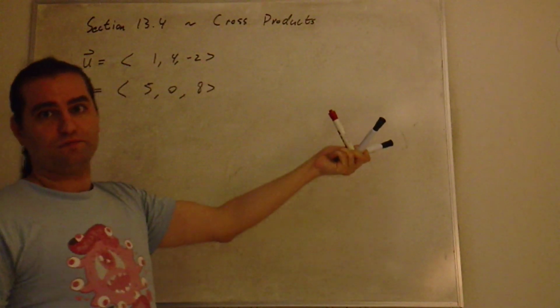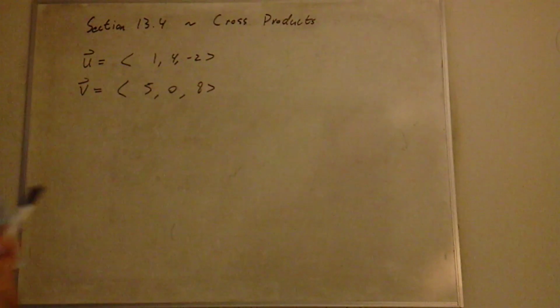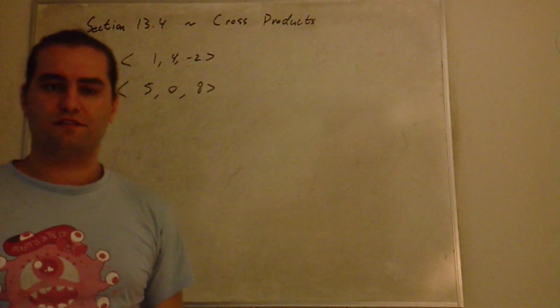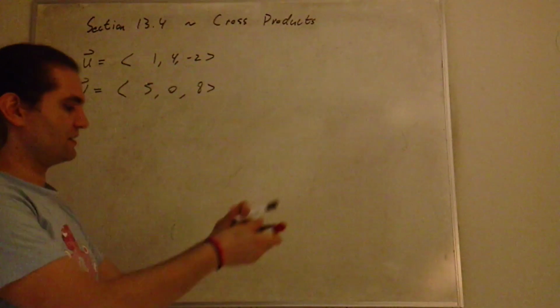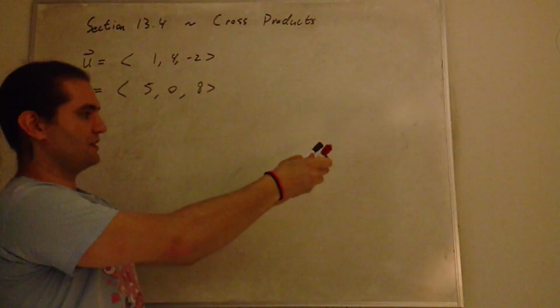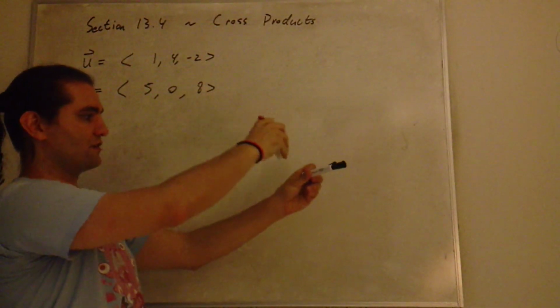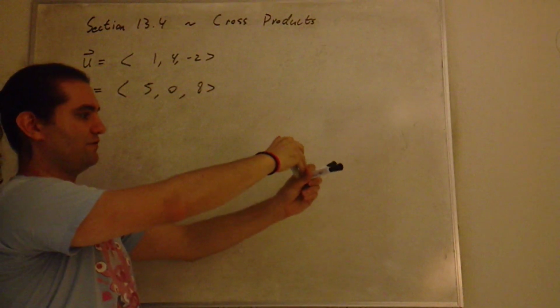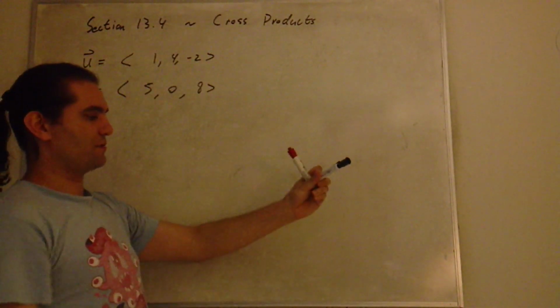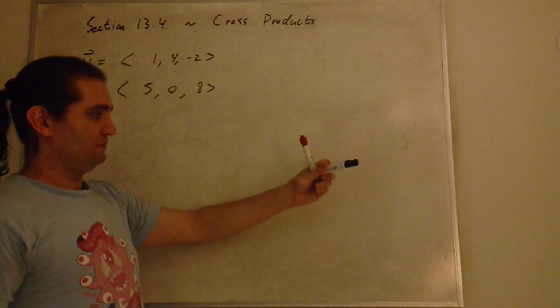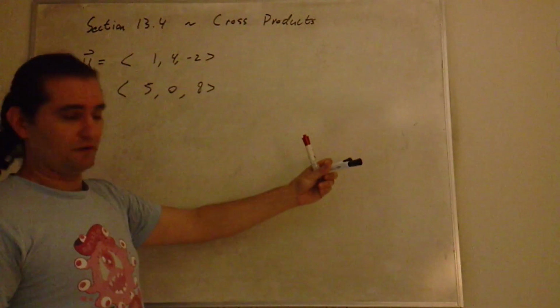Which is kind of cool. If you ever need to get something that is definitely perpendicular to two other things that are just sort of pointing in weird directions in 3 space, the cross product will give you that third vector that is perpendicular to the first two, no matter where the first two are.